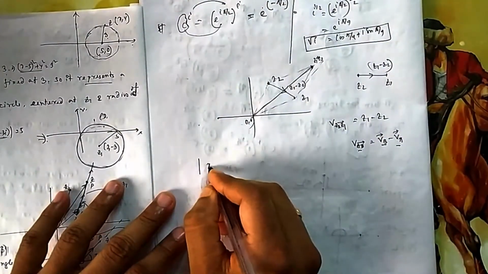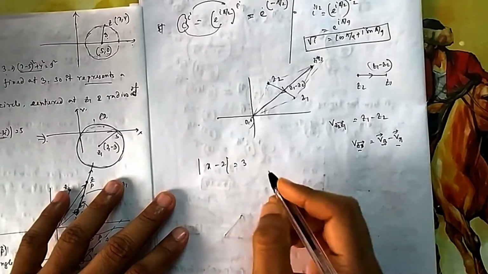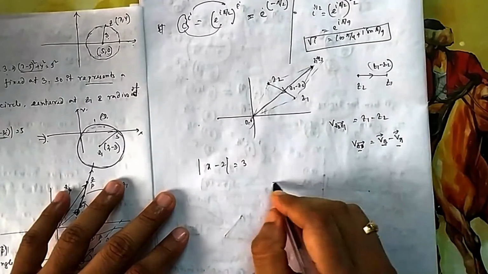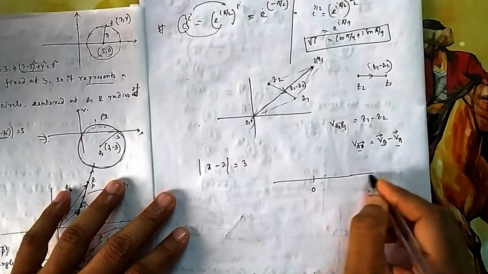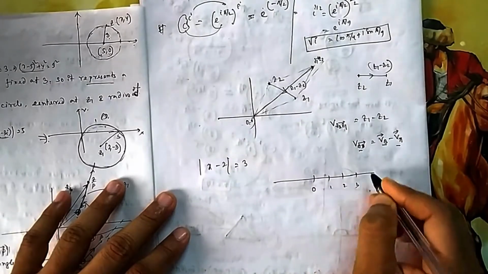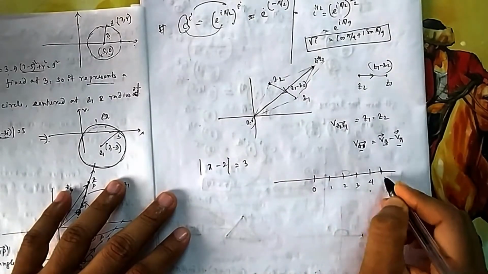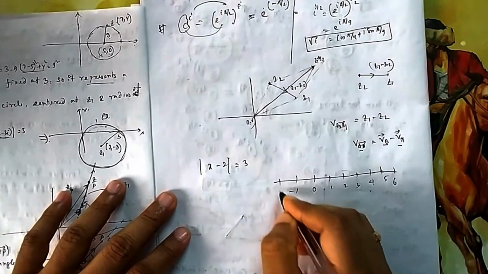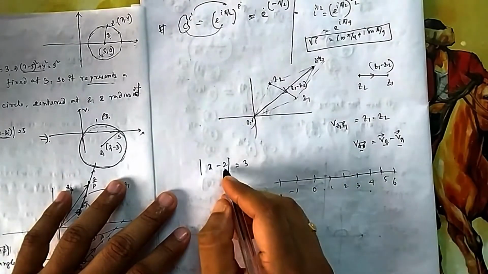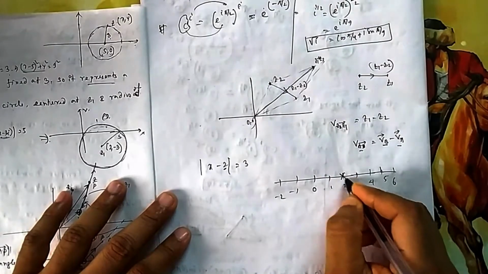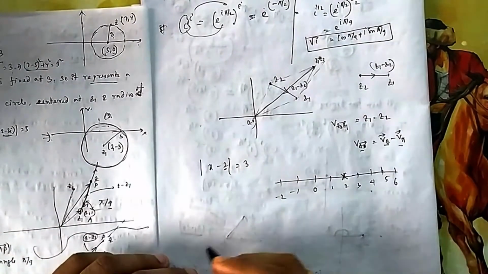Now you see, in real numbers also, if I say mod x minus 2 is equal to 3, that also represents distance. In your number line, suppose this was 1, 2, 3, 4, 5, 6, minus 1, minus 2. Suppose 2 is the point. So the distance from the point 2 is always fixed at 3.